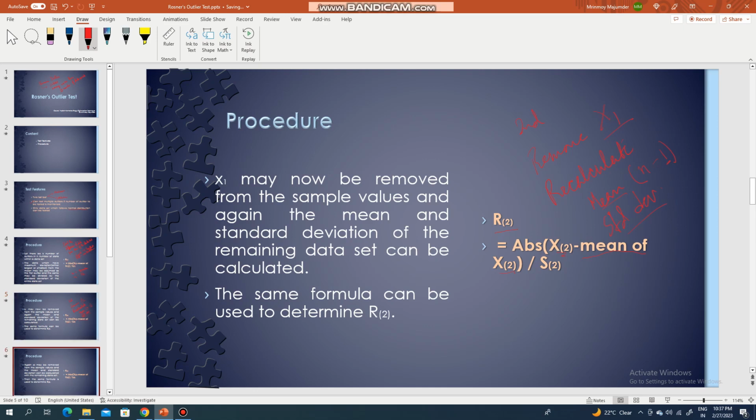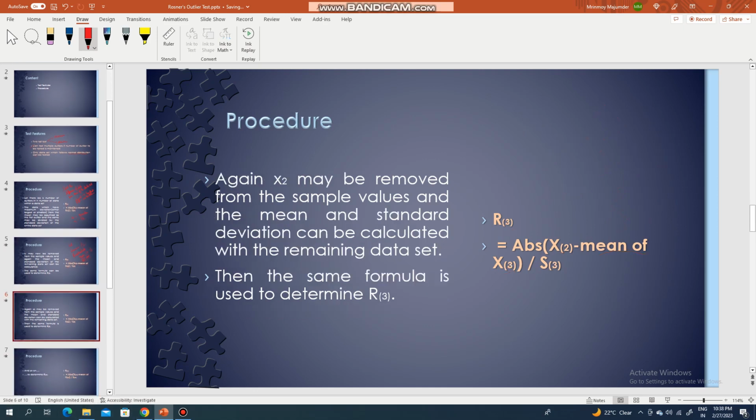Similarly, you will calculate R3 by removing x1 and x2. You will remove x1 and x2 and then recalculate the mean of that data set, which now has n minus 2 data points. You also calculate the standard deviation after removing x1 and x2.